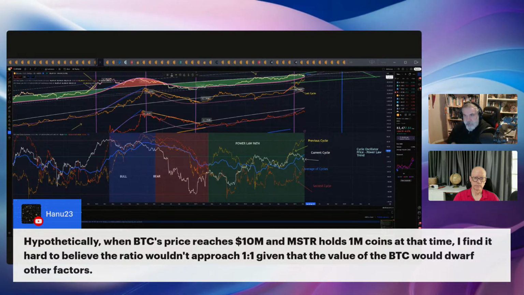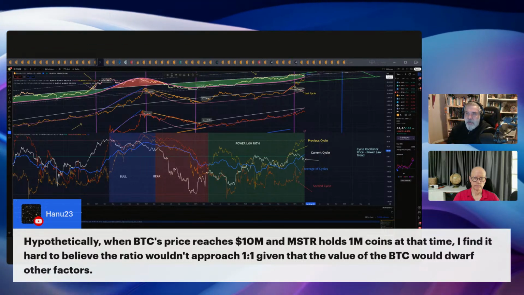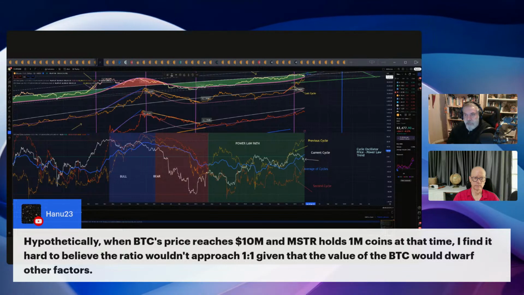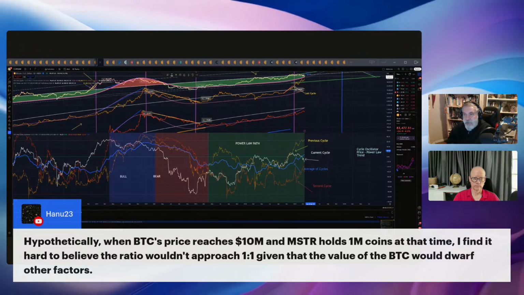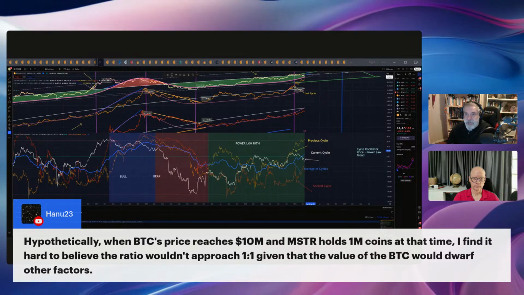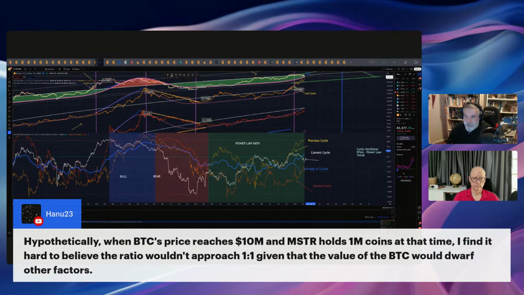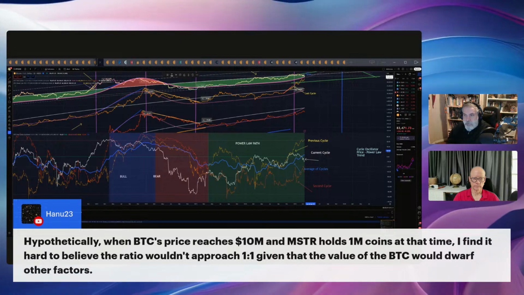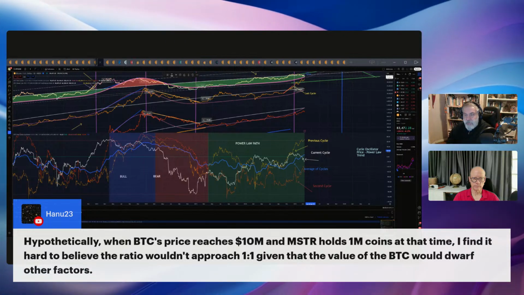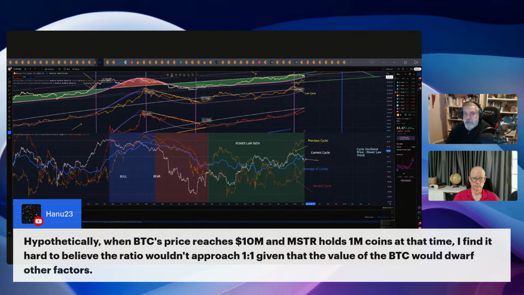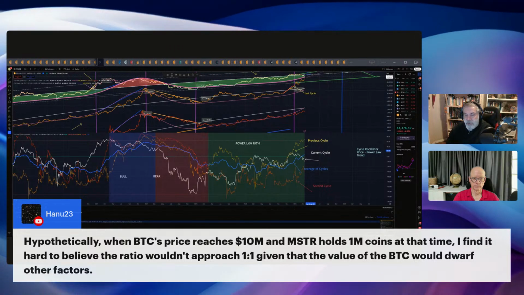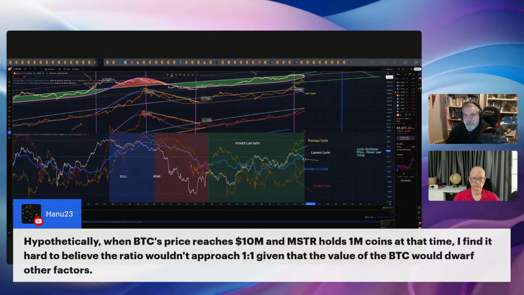So we're talking about 400 times for MicroStrategy. So Bitcoin goes up by 100 times, MicroStrategy goes up 400 times. So this will be the difference between the two. But it is reasonable, right? So it's still something that is achievable if Bitcoin goes up 100 times.